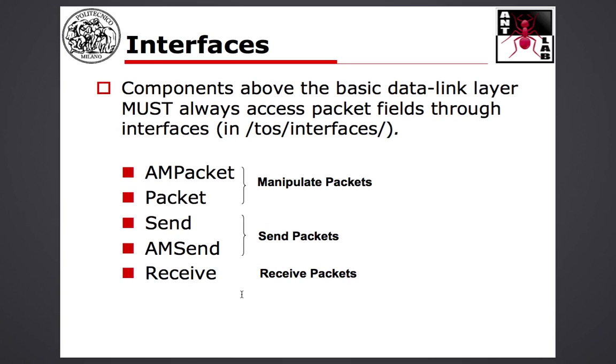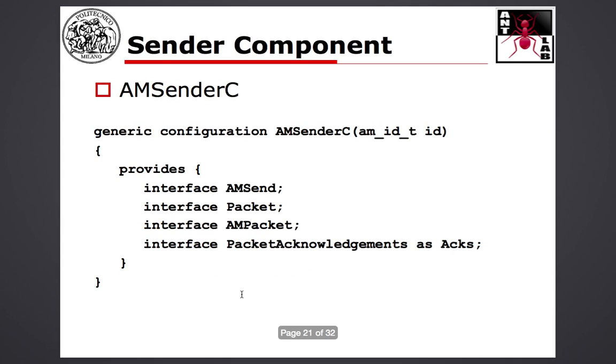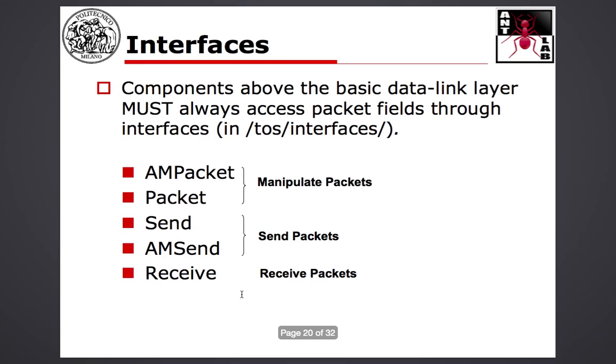And then we have the Receive interface for receiving packets. Again, don't be scared about the amount of information, because at the end of the day you will always use the same 4 or 5 interfaces for radio communication. You don't need to learn them exactly. You have the documentation, so you can go there and see how to use them.